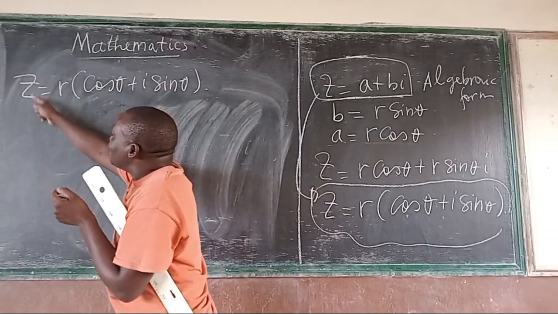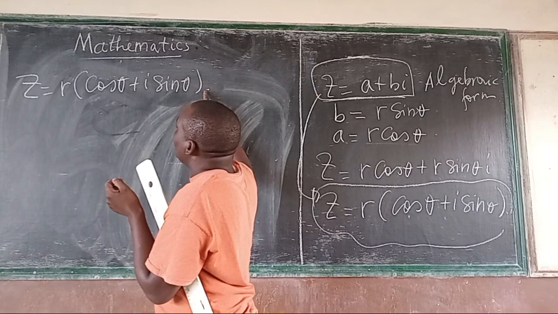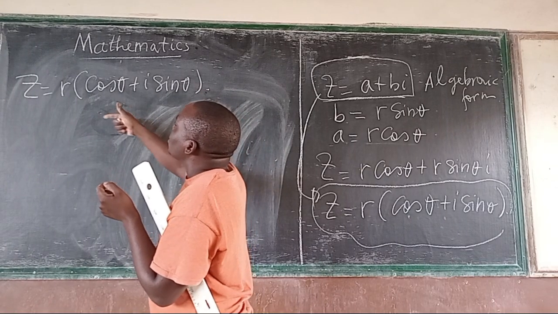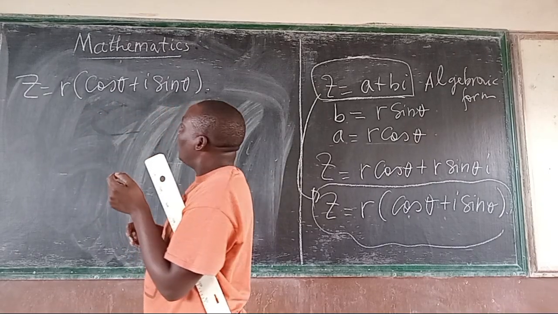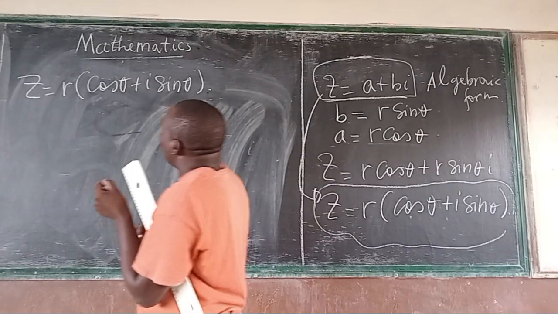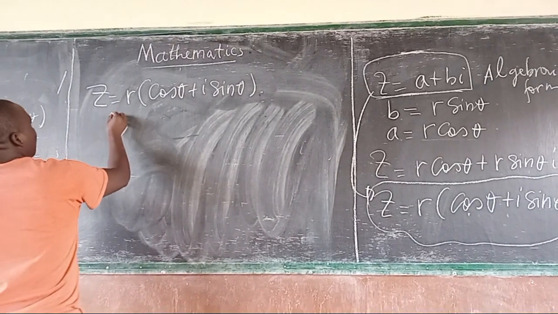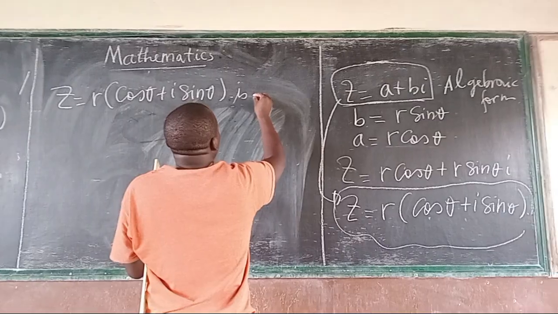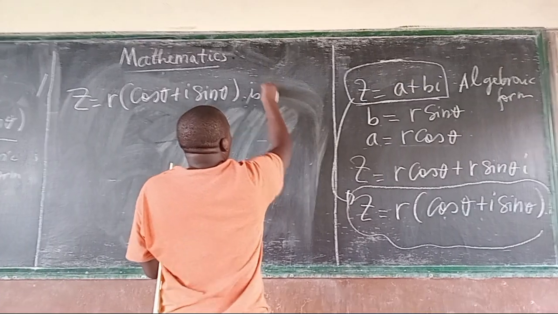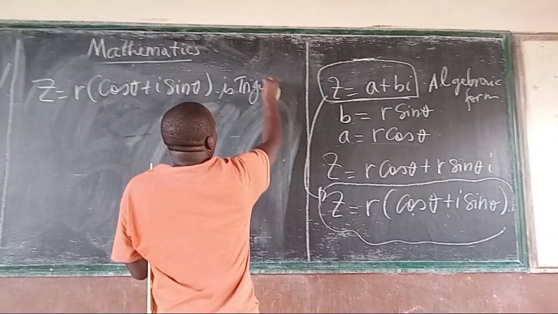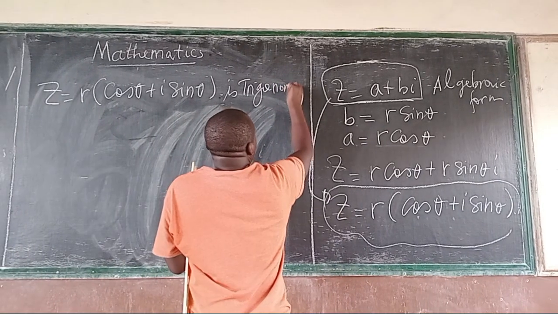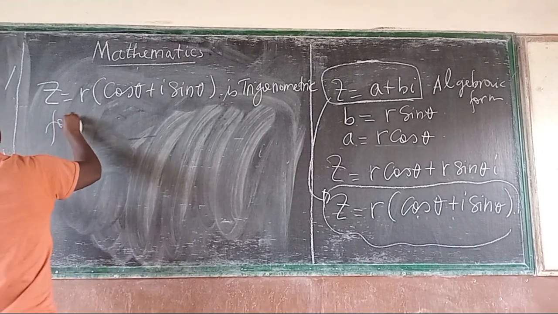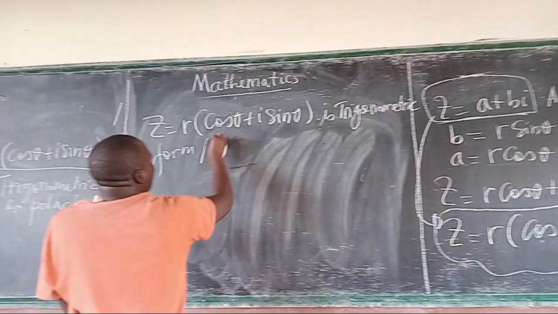Simply, this is what you call the trigonometric form of complex numbers. This form is what we call trigonometric form, the same as polar form.